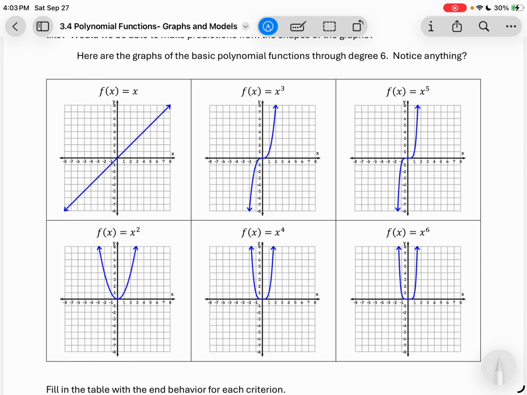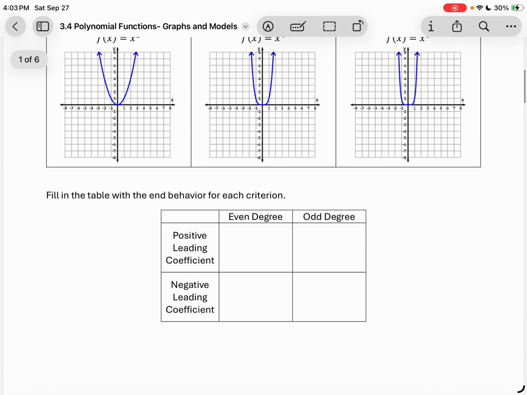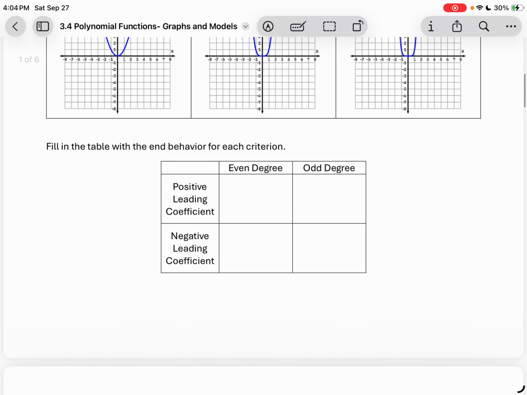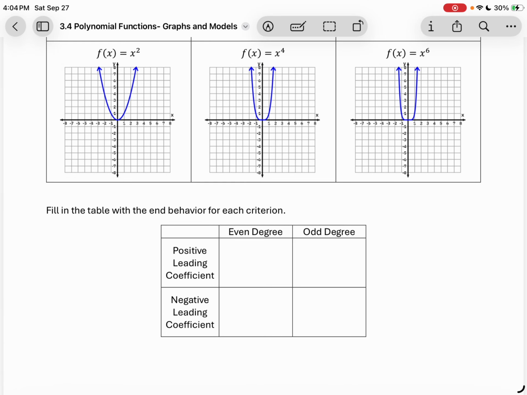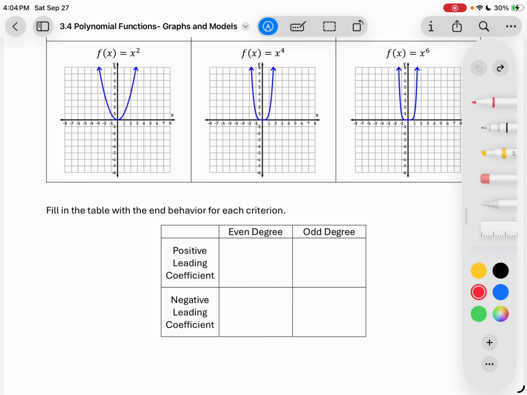So we can make some predictions with that then. If we look at this table down below, fill in the table with the end behavior. If we have a positive leading coefficient and an even degree, so that would be the second row here, then our end behavior would look something like this.